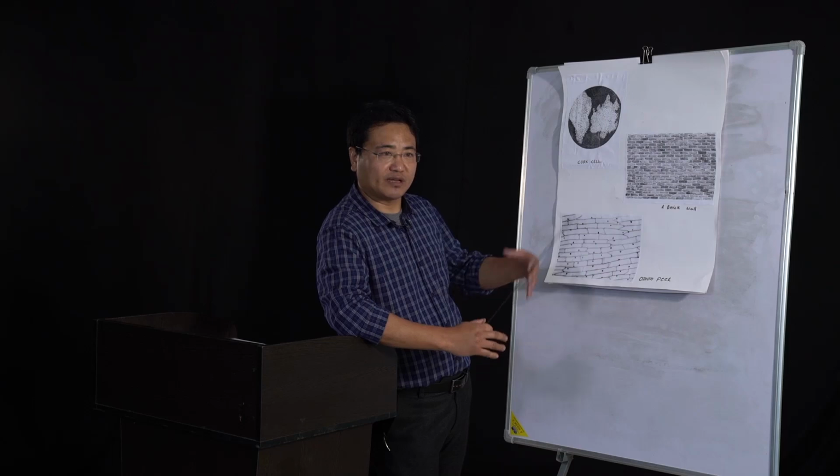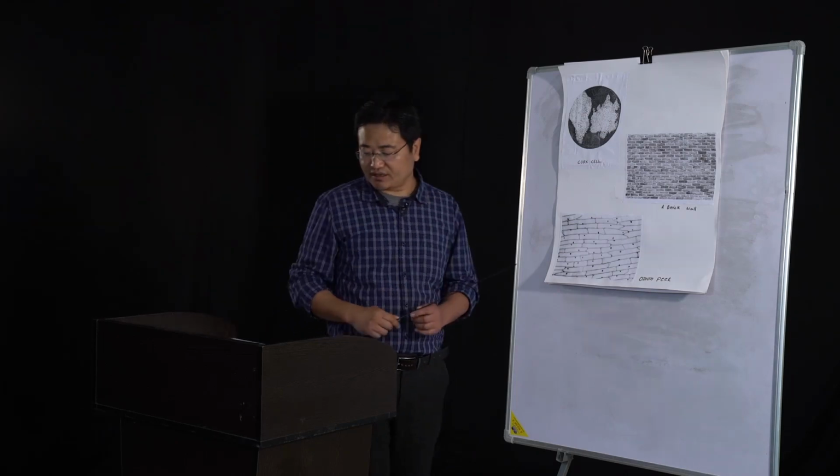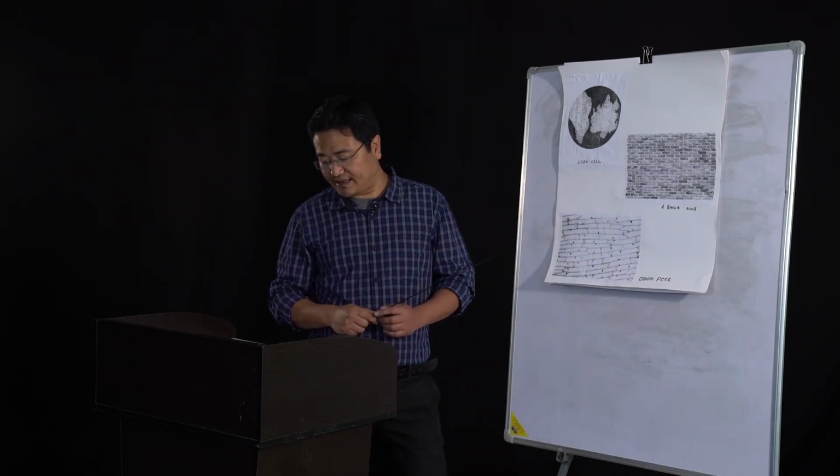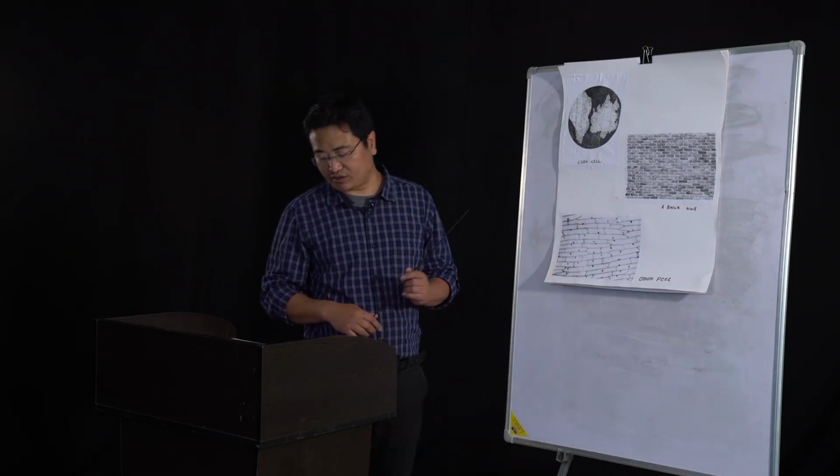In terms of shape, some are round, some are hexagonal, some are oval. So there is a variety of cell shapes and sizes that we come across.